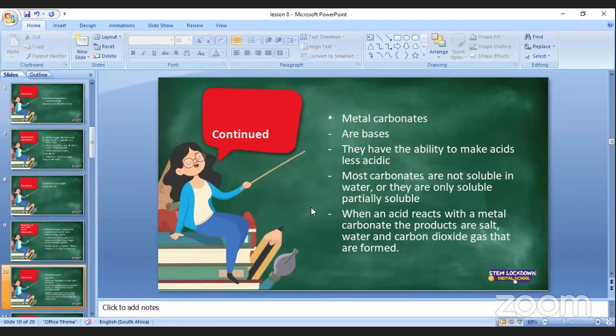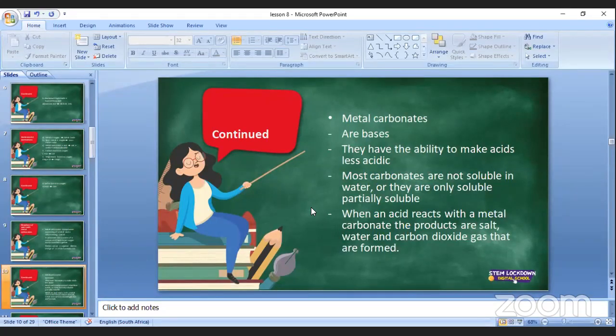Grade 9s, don't forget, when a hydroxide reacts with an acid, we get a salt and water. When a metal carbonate reacts with an acid, we get 3 products: salt, water, and carbon dioxide. Are we clear, grade 9s? When you see something with CO3, you know it's a carbonate.